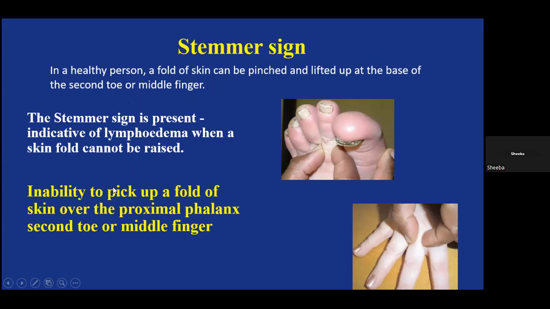For the lower limbs, you cannot lift the skin at the proximal phalanx of the second toe. For the upper limbs, you cannot lift the skin on the middle finger. That is the positive sign of lymphedema.